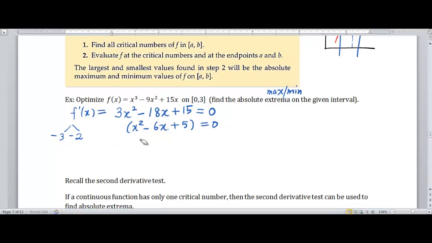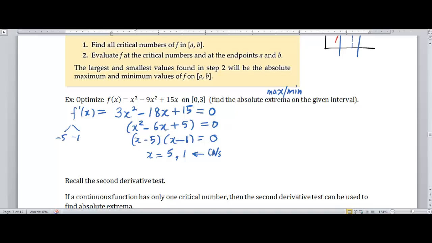I want factors of 5 that add to give me 6, so that's 5 and 1, and both of these have to be negative. x minus 5, x minus 1, set that equal to 0, and then we get x equals 5, 1. These are my critical numbers.